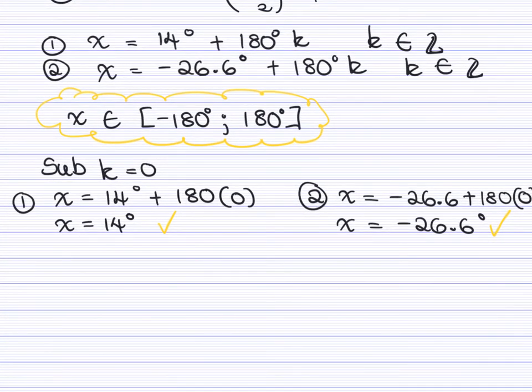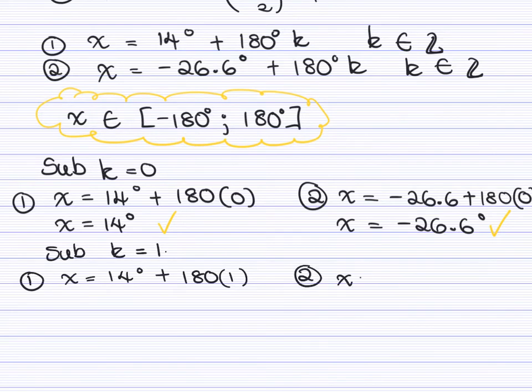Now the next step I'm going to sub in k equals 1 into both equation 1 and equation 2. Again, where I see k, I'm substituting in 1, in both the equations.